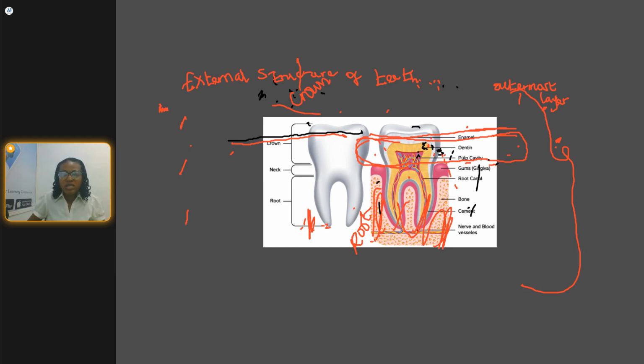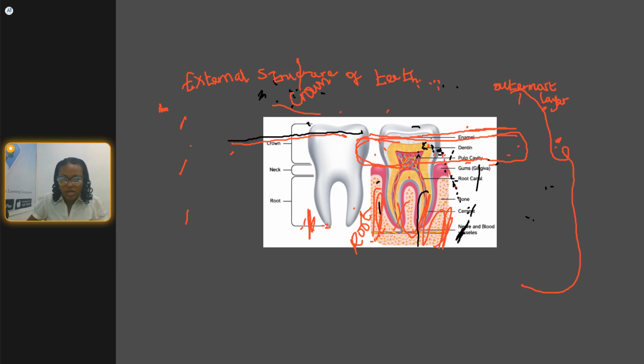Okay, so the next one is the root canal. As you can see here, the root canal is below the pulp cavity. It emanates from the pulp cavity, and you can see the bone. You can see the cement, which is a bone-like layer covering the root.